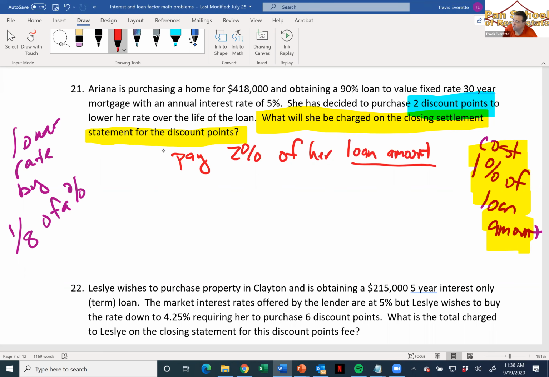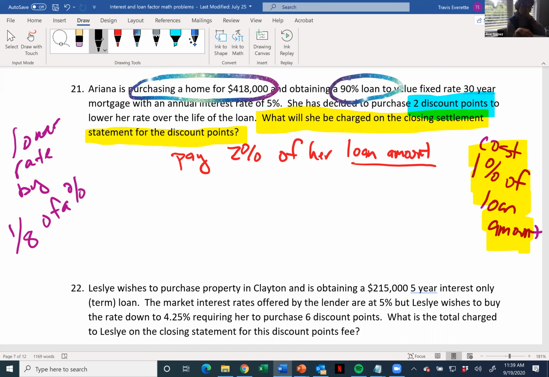Do we know her loan amount? No, because we have to do the 90%. We know her purchase price, right? And we also know she's got a 90% LTV.